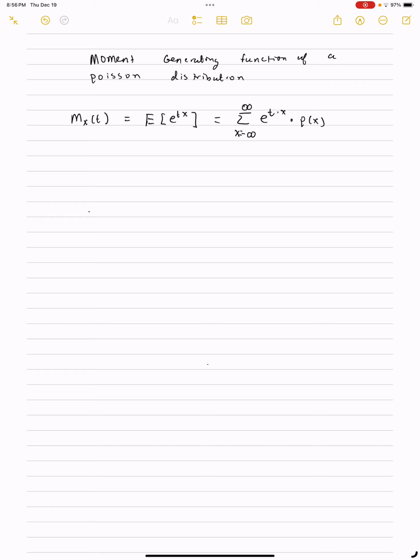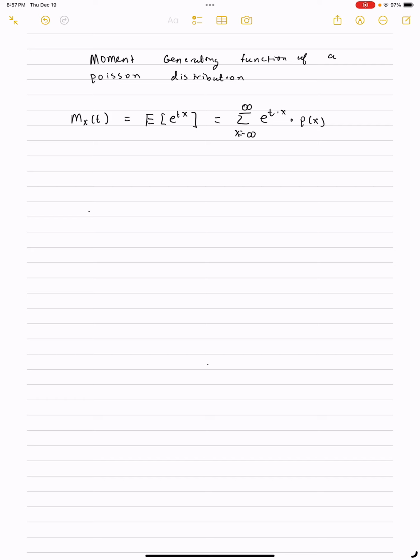Well, expectation means that we sum everything from minus infinity to infinity of what's inside the expectation, e to the tx, times the probability. Here the probability is known.